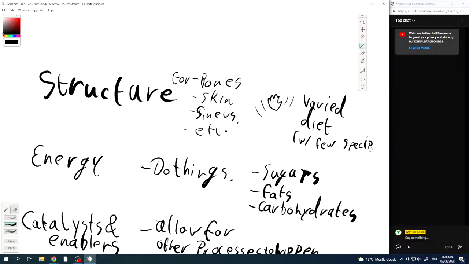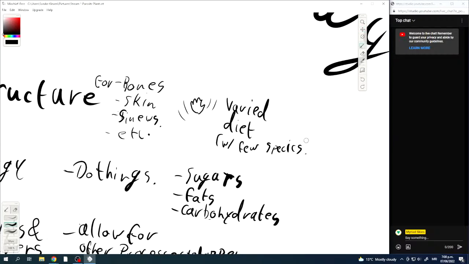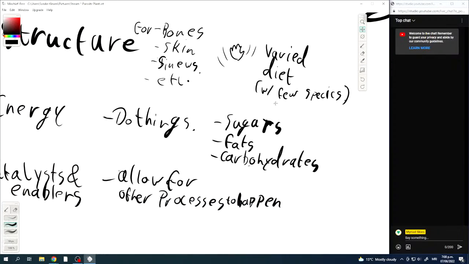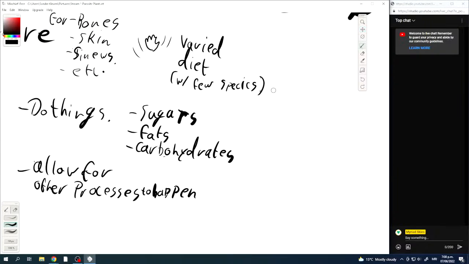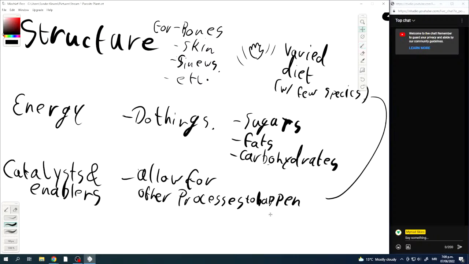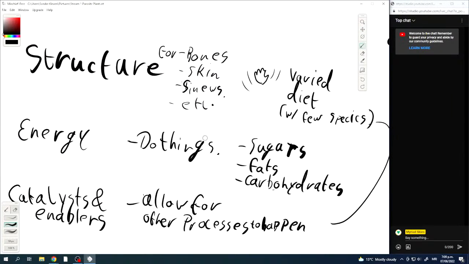I can always come back to that. And catalysts and enablers are probably the same as that. Does this help me in any way? Maybe, maybe not. I'm not entirely sure.